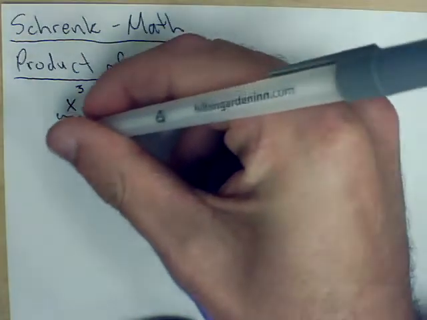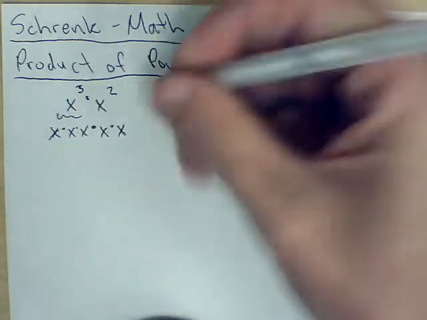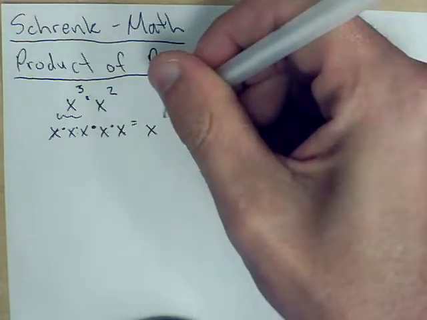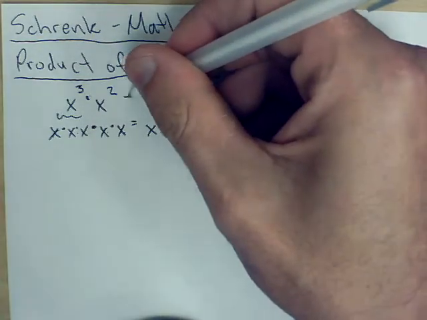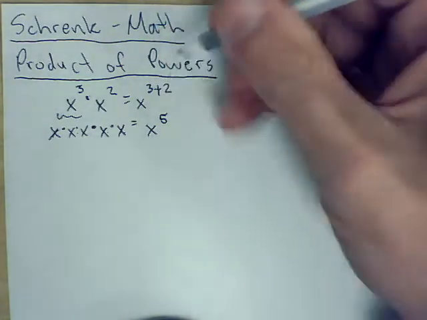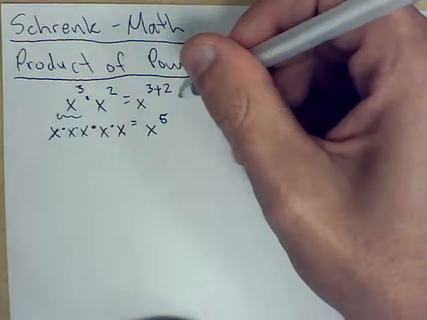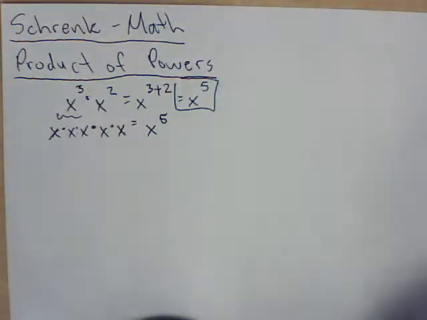Well, now, by the same definition, the way we expanded this out, x times x times x times x times x really means x to the 5th power. Which, if you think about it, is our shortcut, where we're headed today. This is the time when we add exponents. When you have a product of two powers is when you add the exponents.